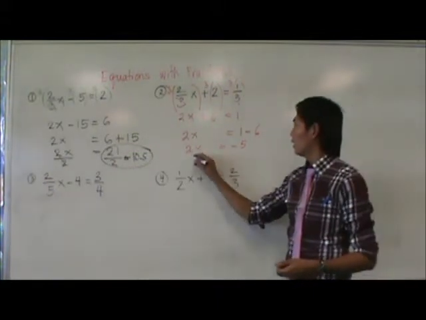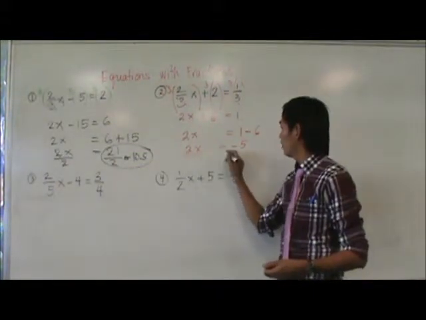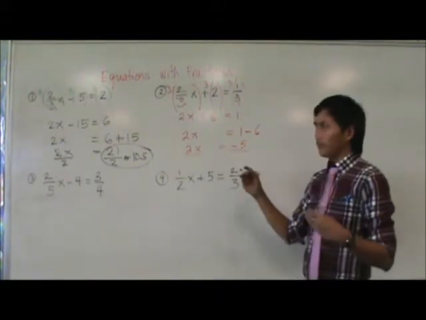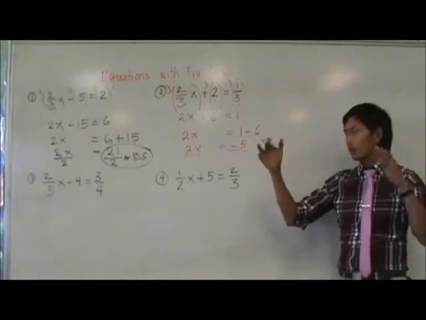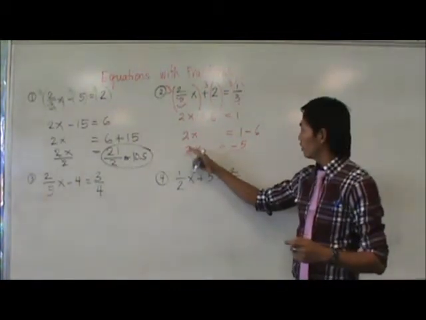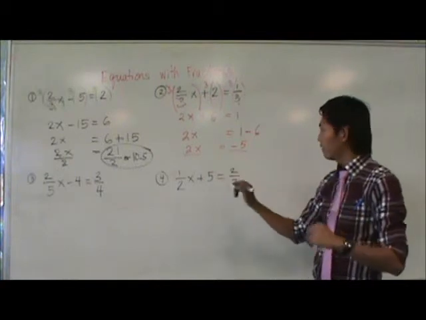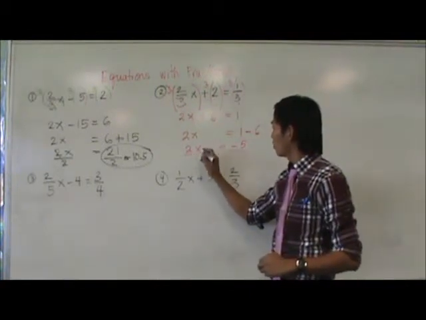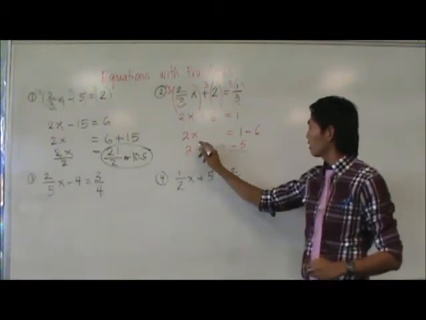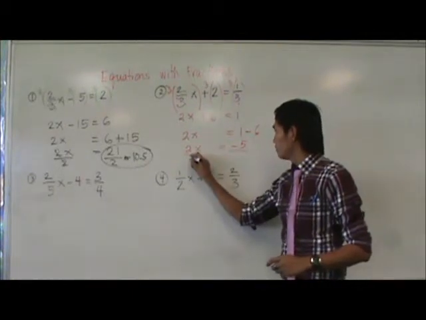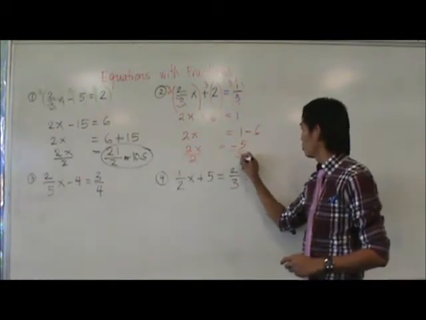And then the inverse operation of the multiplication between 2 and x is division. So we need to get rid of that numerical coefficient 2 by dividing both sides by 2.